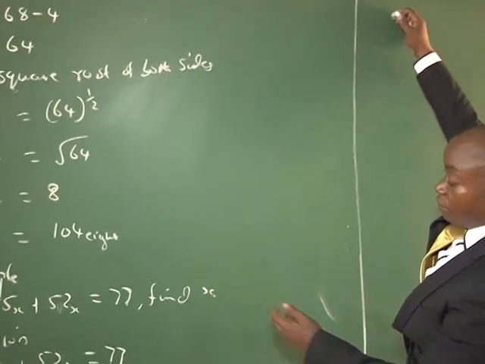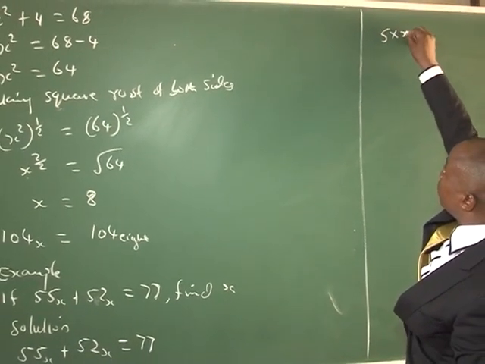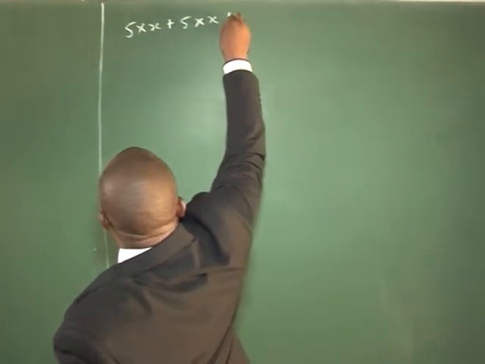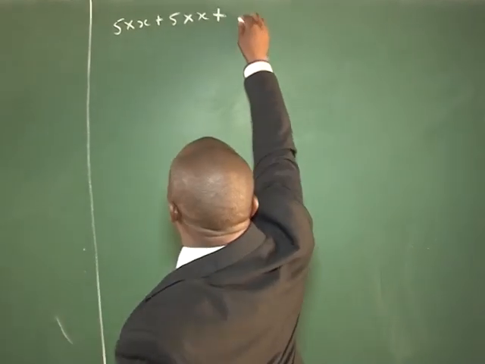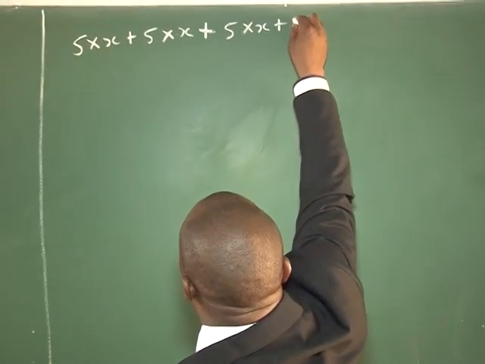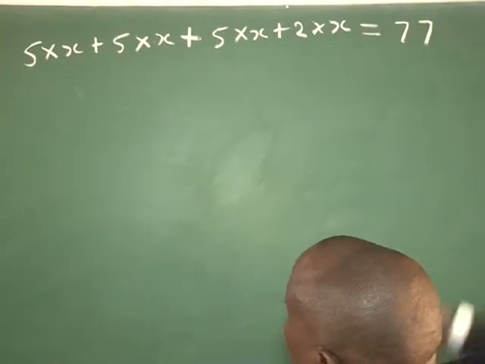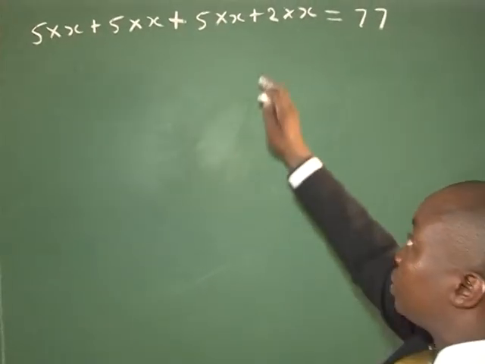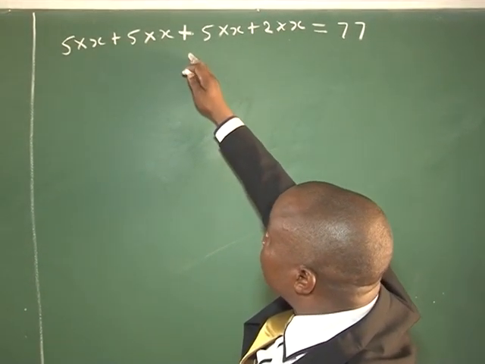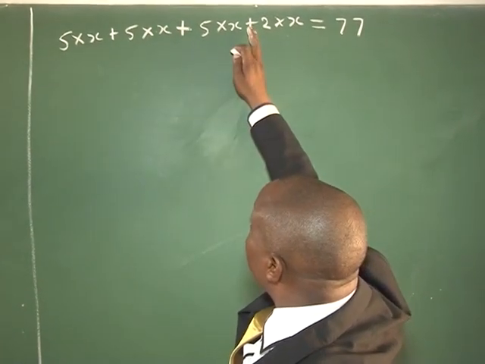Now, by our usual method, we can say 5 times x plus 5 times x plus the second one there, which is 52, 5 times x plus 2 times x equals 77. Now, we are going to raise this, but there is an exception because we see that we have a plus separating 55 and 52.